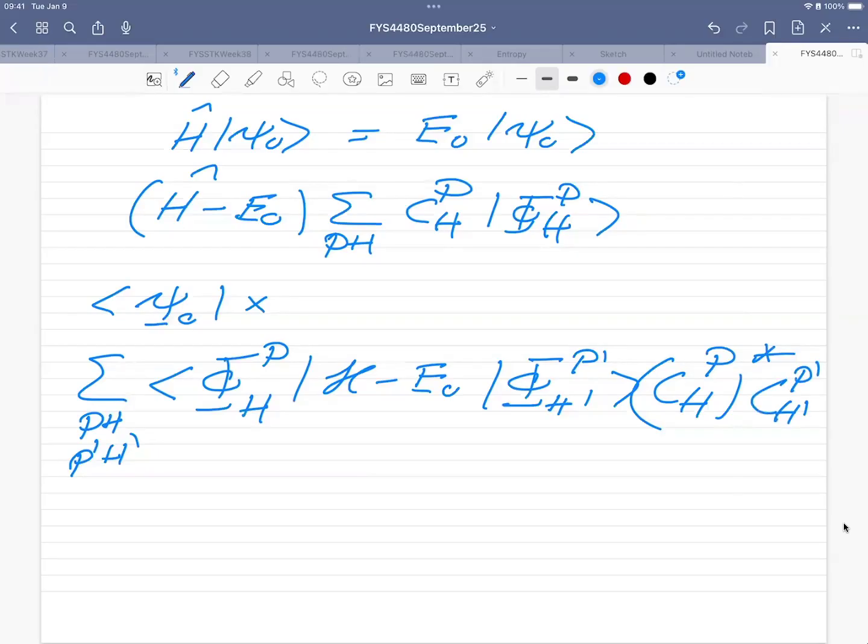Now, we know very well that these states which we have set up are orthogonal states. So this obviously leads to the following expression, and this has to be equal to 0.